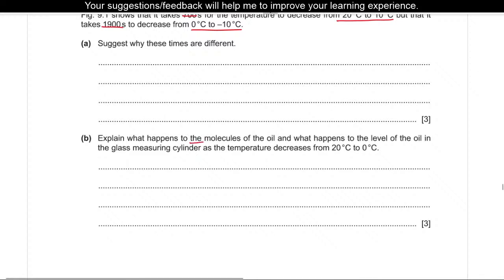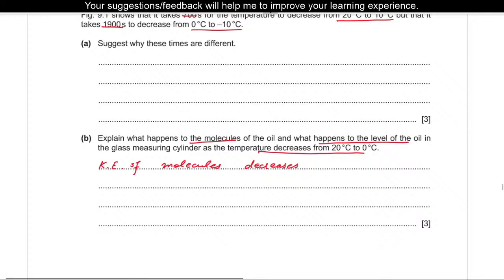What happens to the molecules and what happens to the level of the oil? So molecules के अंदर जब temperature decrease होगा तो उनकी kinetic energy decrease हो जाएगी. Kinetic energy of molecules decreases.